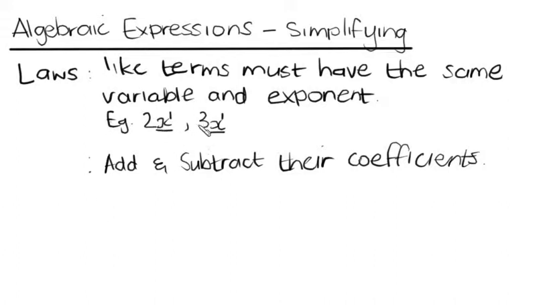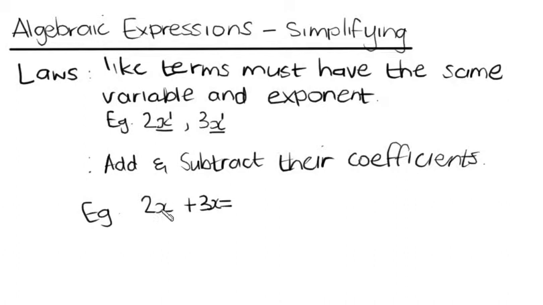Now if I have these two terms, so let's say the expression is 2x plus 3x, they are like terms because they both have the same variable x and the exponent 1.